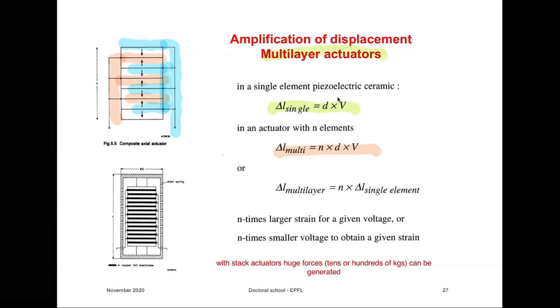So when you take a piezoelectric actuator, you usually see this envelope which is made of steel or some other materials. The fact that you have a multi-layer means that you either can get for a given voltage n times larger strain, or what is important, you can get a given strain with an n times smaller voltage. So you can actually achieve large displacement with small voltages.